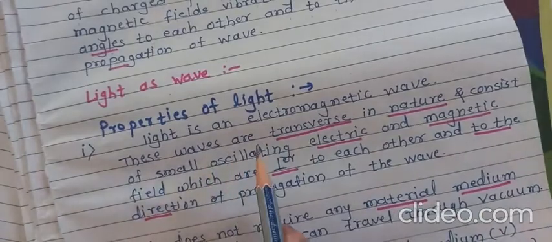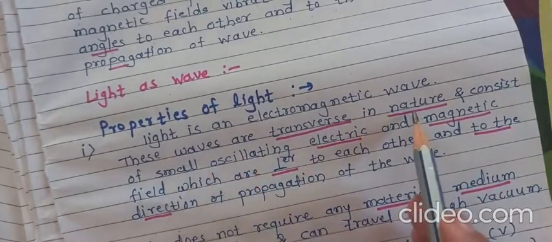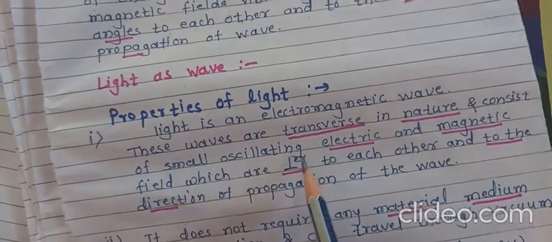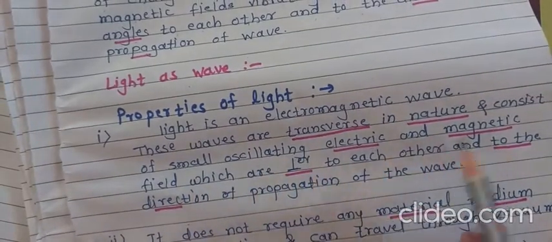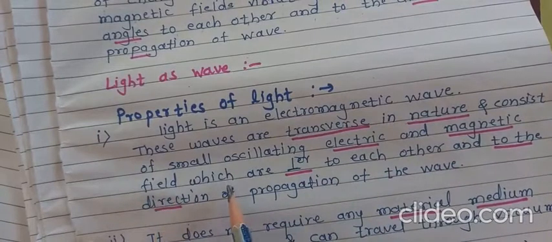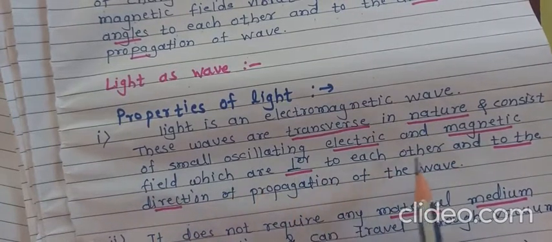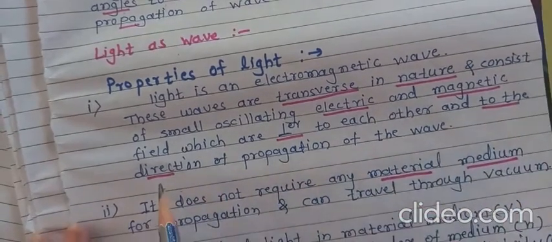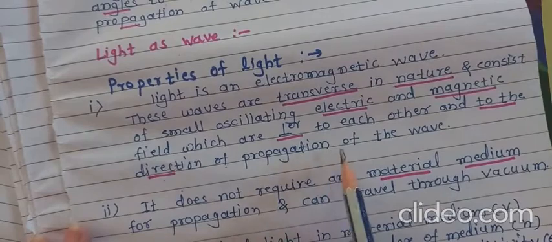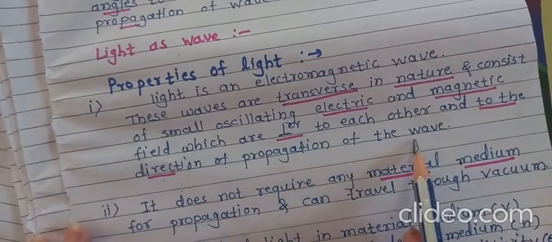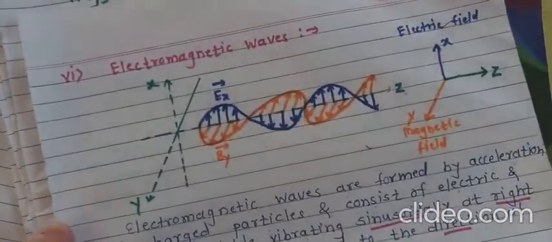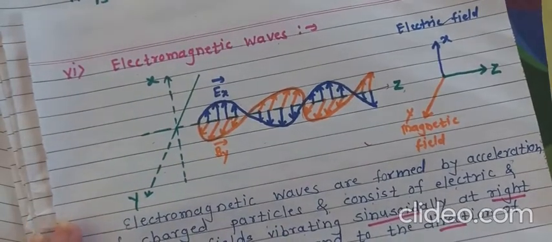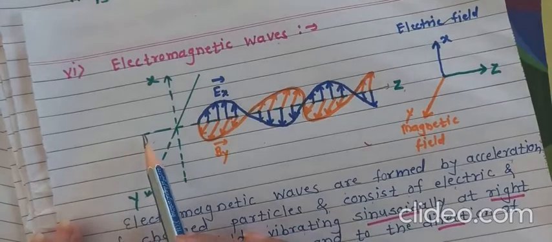These waves are transverse in nature and consist of small oscillating electric and magnetic fields which are perpendicular to each other and to the direction of propagation of the wave, as studied earlier, because a light wave is an electromagnetic wave.